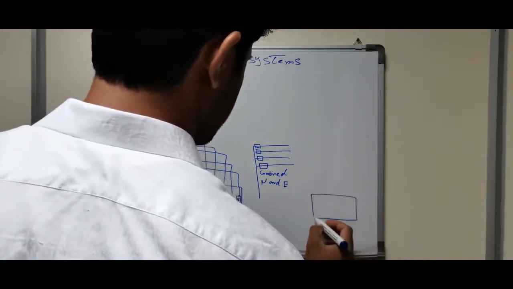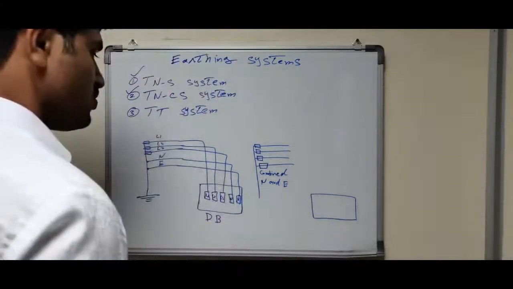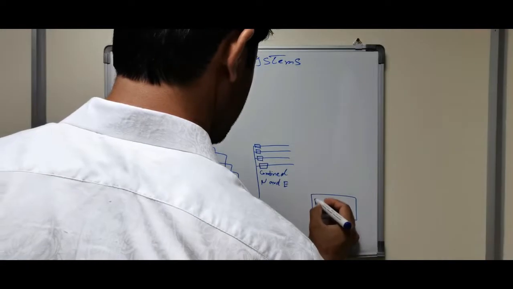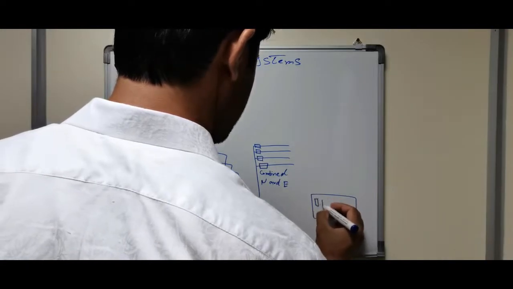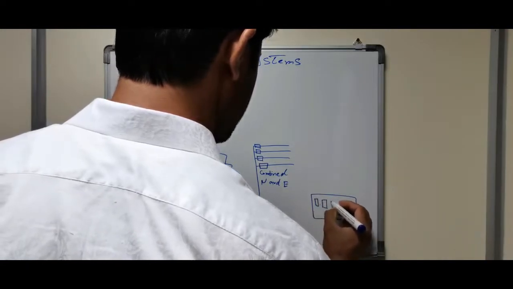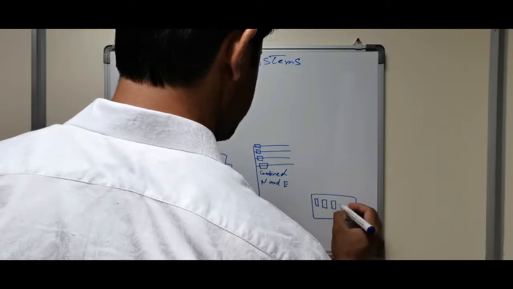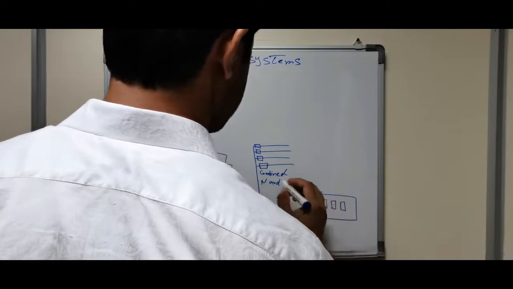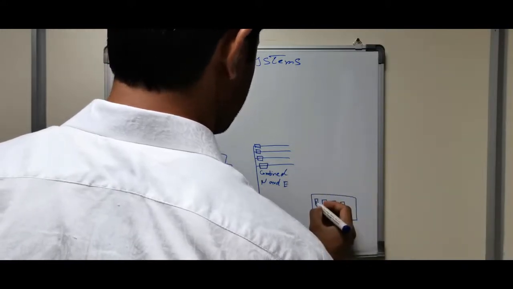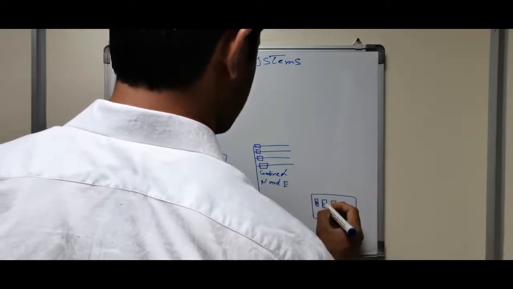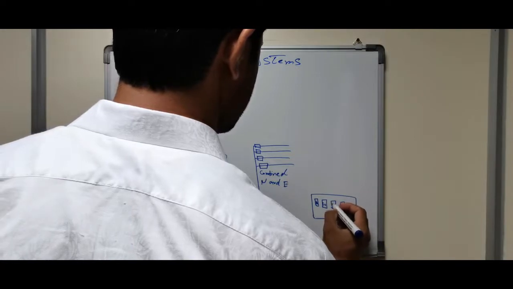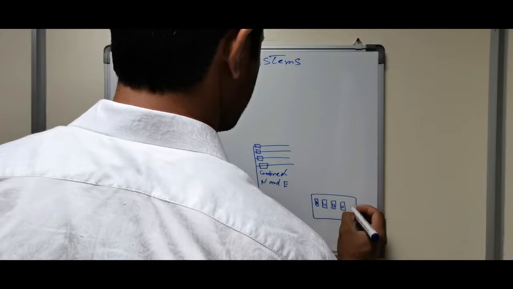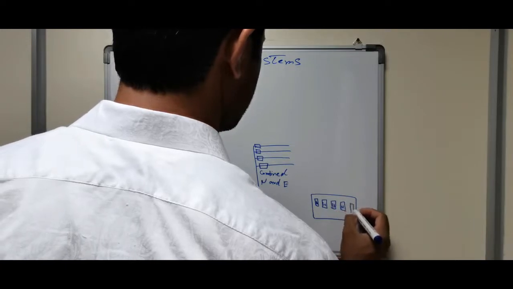And in our distribution board, the conductor arrangement will be like this: L1, L2, L3, neutral, earth.